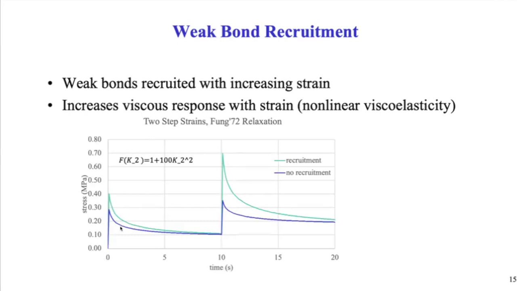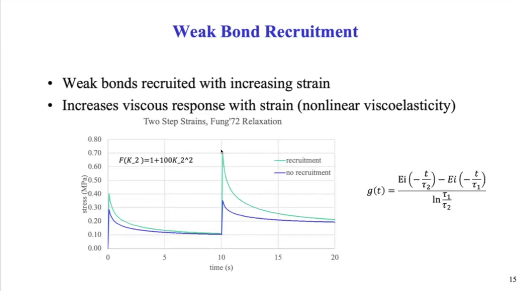So when you load the first time and you let it relax, if you have the same amount of hydrogen bonds available, the second time that you load, the stress will only rise by a similar amount to the first time you loaded, because you still have more or less the same number of weak bonds available. If, however, at this higher amount of strain there are more weak bonds available, then the stress can rise higher. And that also is often seen in experimental data.